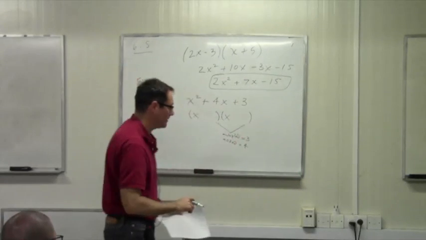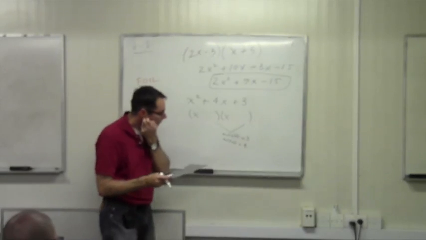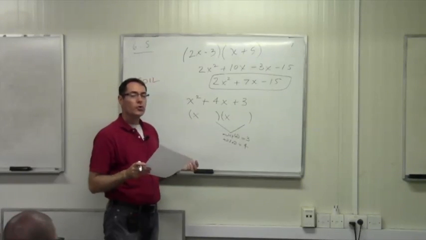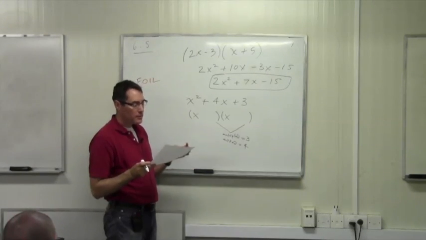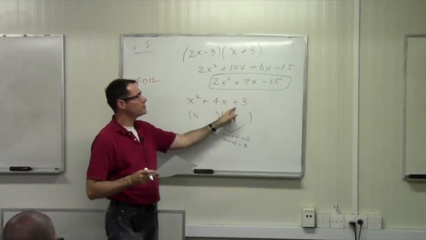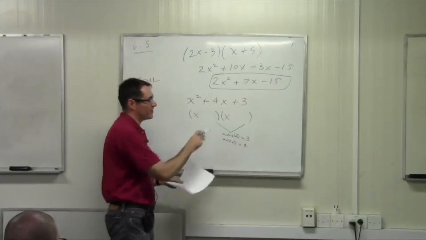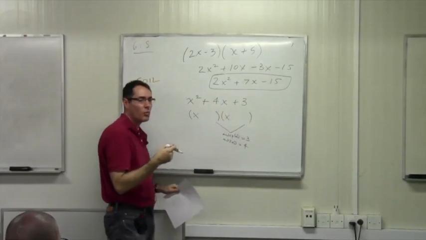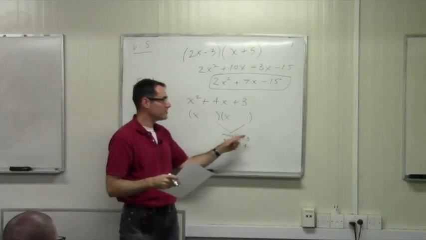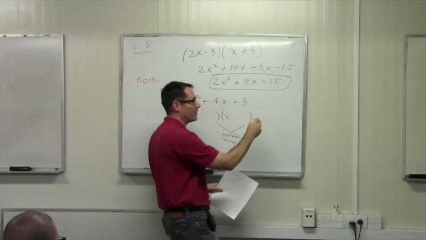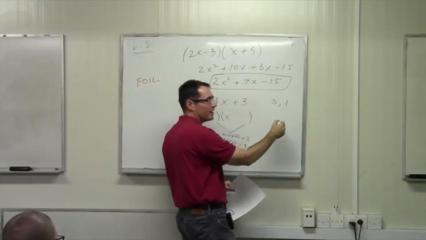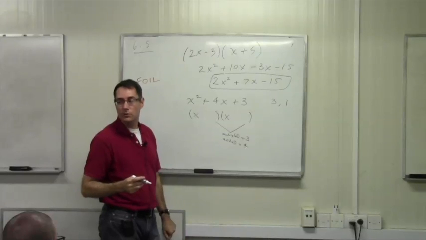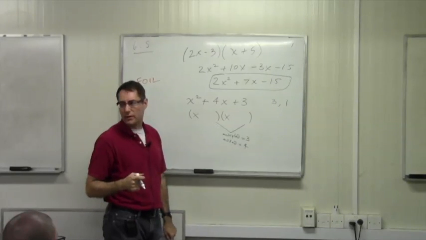You could have two types of signs here. To get a positive 3, what are the factors of 3? What two things equal 3 when you multiply them together? 3 and 1, or who's saying 2? 2 times what equals 3?